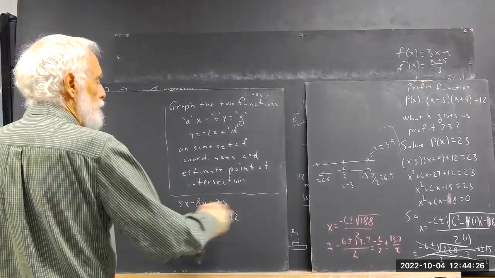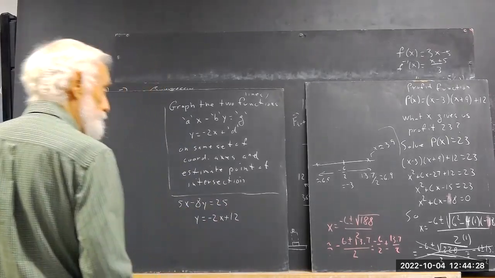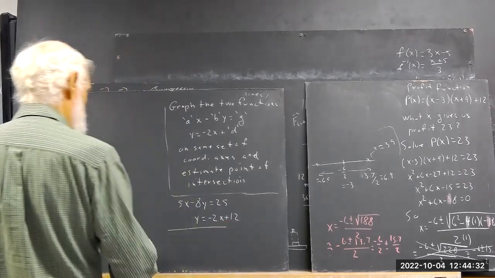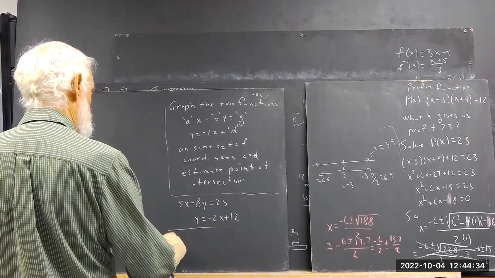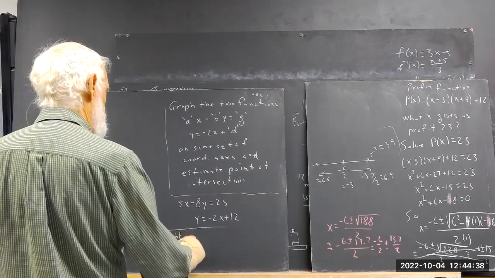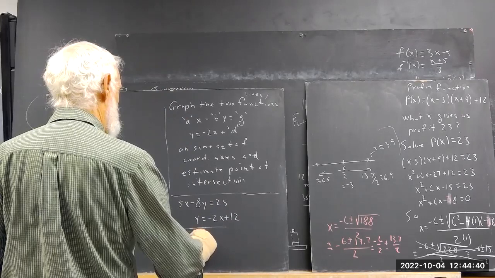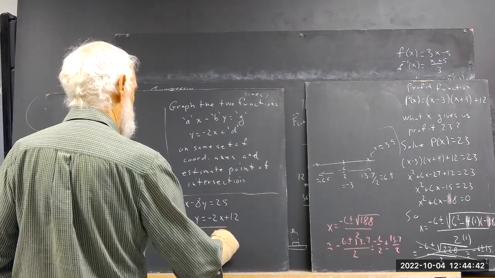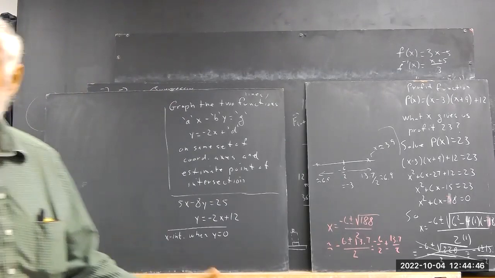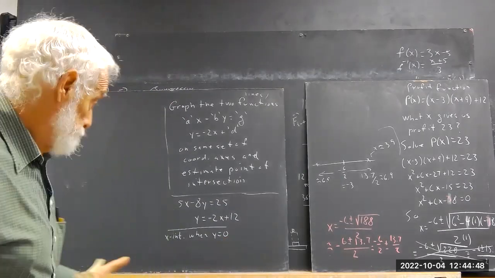You don't need to do anything with algebra. You just find the intercepts. The x-intercept occurs when y equals 0. The y-intercept occurs when x equals 0.